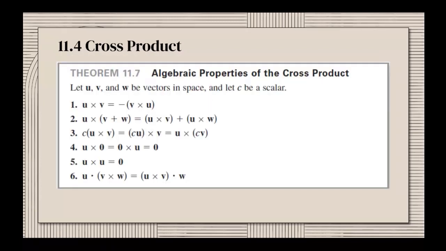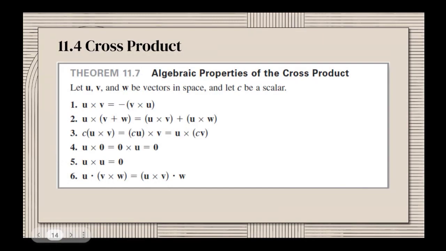So here are some important algebraic properties of the cross product. First, if you take the cross product of u cross v, then your resulting cross product will be the same as the negative of v cross u. Next we have a distributive property.